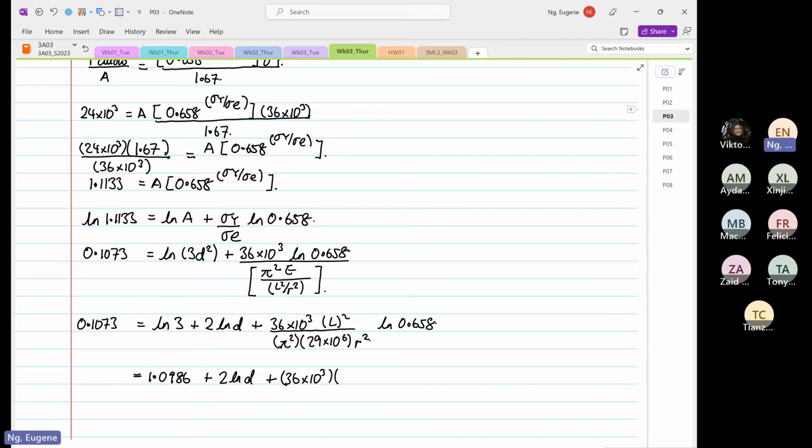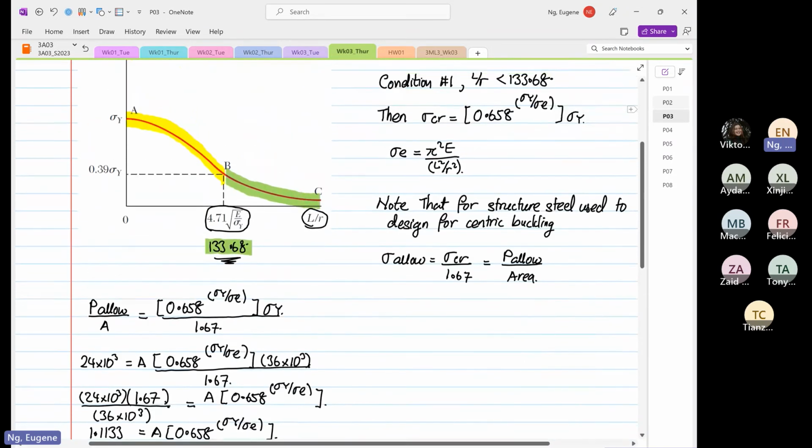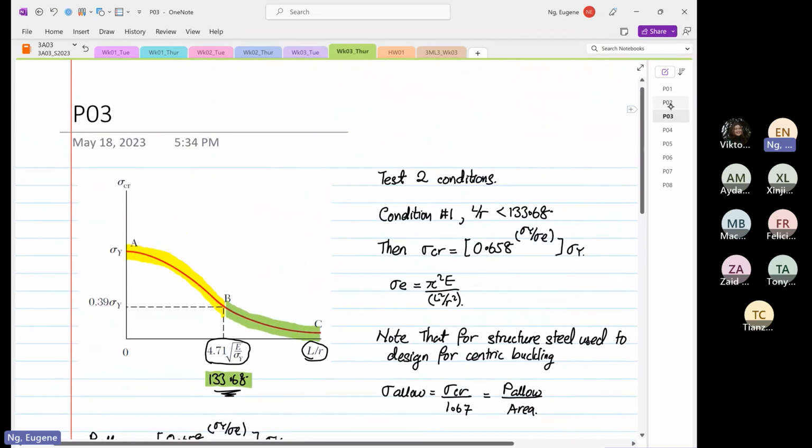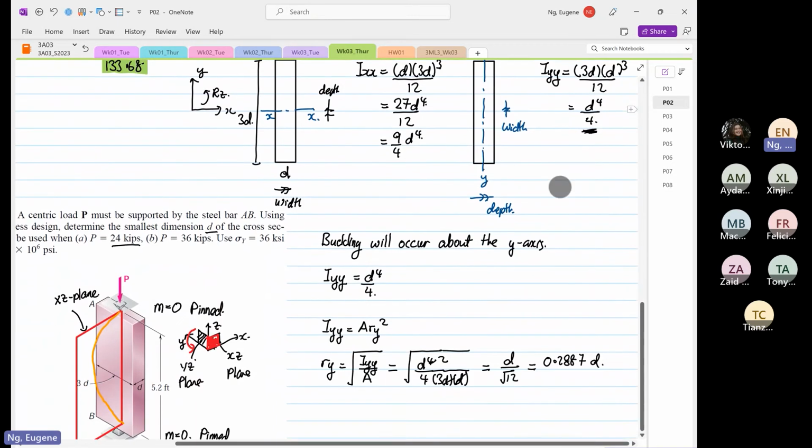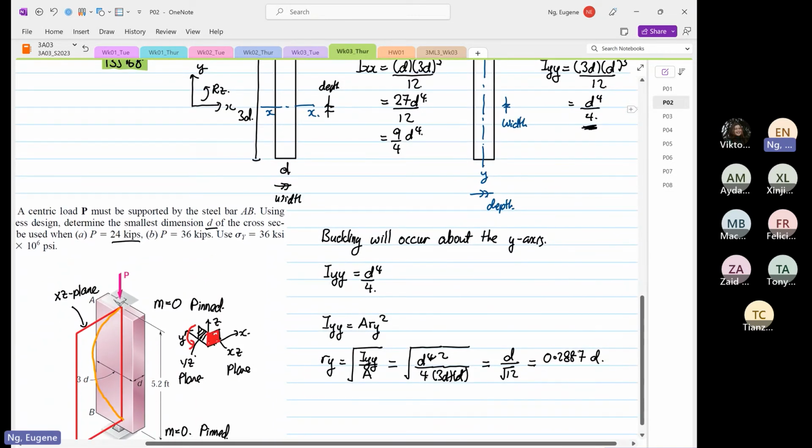Now the length, we know the length is 62.4 squared. Then this will be equal to pi squared times 29 times 10 to the power 6. Now the radius of gyration, we found the value, right? So the radius of gyration in terms of d is equal to 0.2887 d.